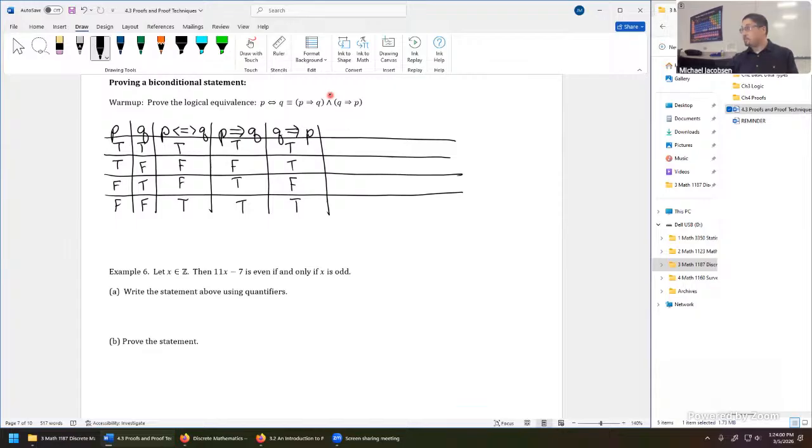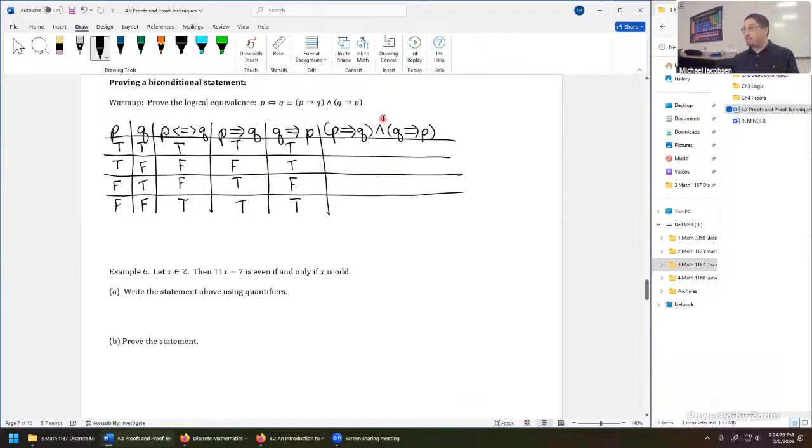Now we put it together. P implies Q, and Q implies P. And by the way, when we were doing these as exam questions, I'll make liberal use of parentheses. So it's really very clear how the logical order of operations will work on the problems. It won't be left open to interpretation. I'll make sure to insert as many parentheses as needed for clarity, like we see here on this one.